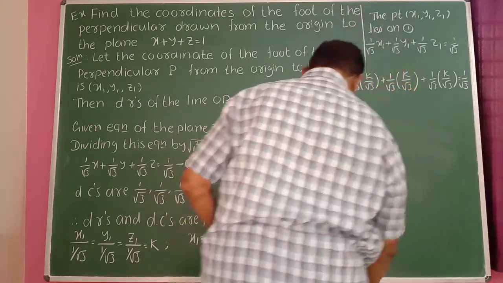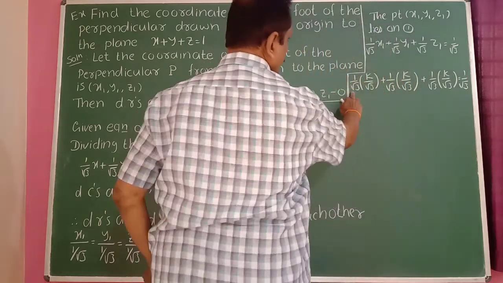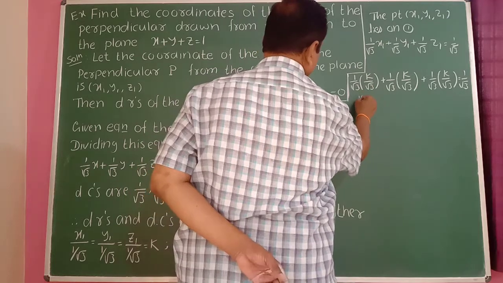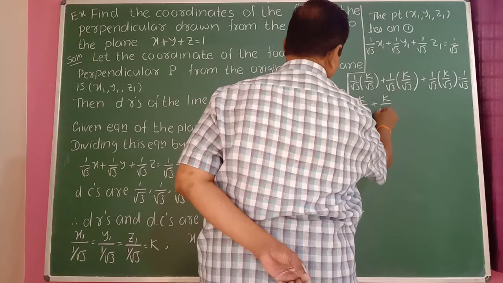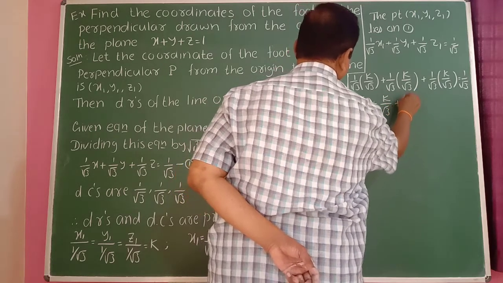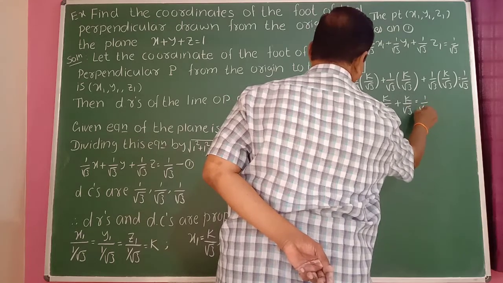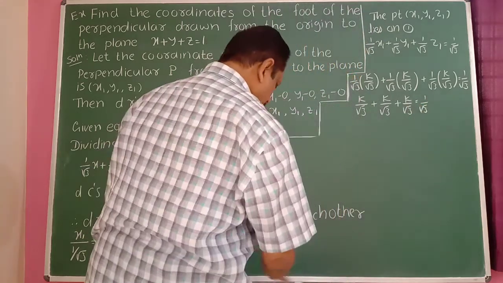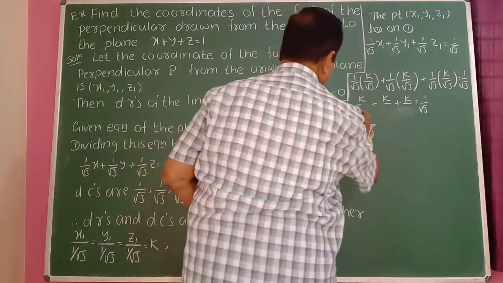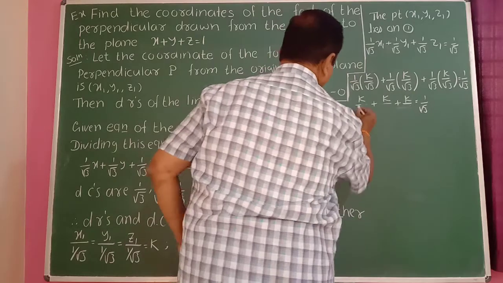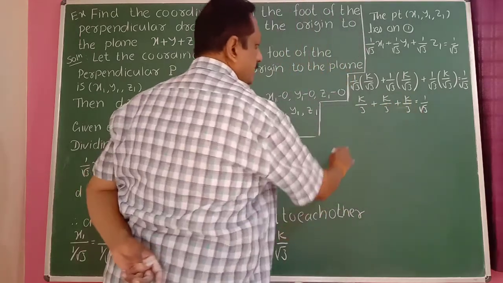Root 3 into root 3 becomes 3, not root 3. Therefore, writing the denominator 3 here, it is 3, this is also 3, then 3 is the LCM.